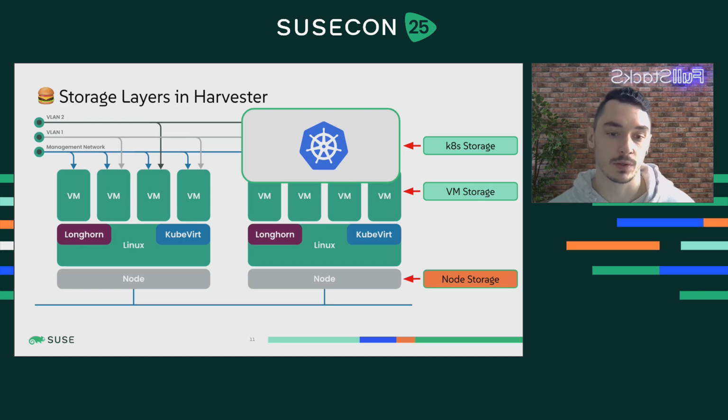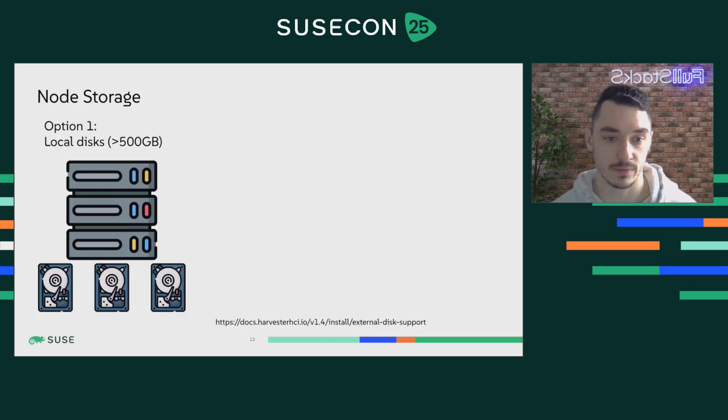That can all be used for this case. Now, let's have a look at which possibilities we have to cope with the topic of node storage in Harvester. The first option we have is if we have your typical servers with local disks greater than 500 gigs, which is the production environment recommendation. Multiple disks, your typical legacy setup, if you will.